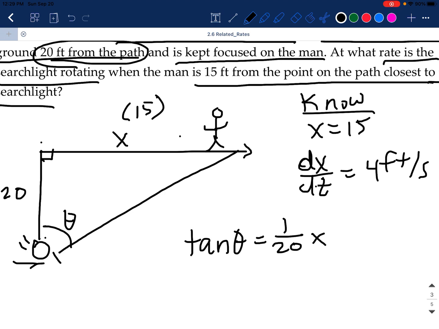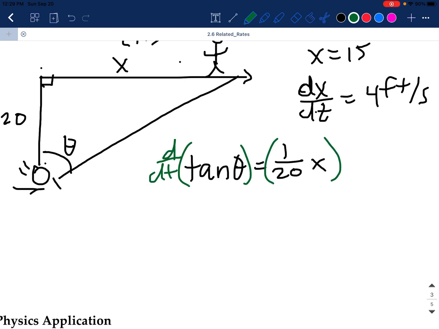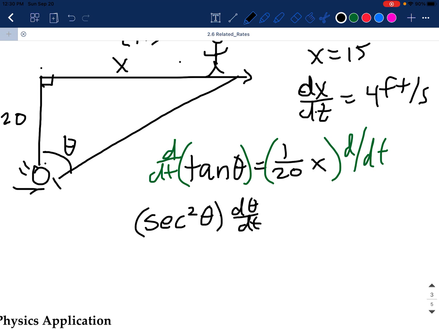It's just a linear term times a coefficient of 1 over 20. So we've got our equation. Let's differentiate it with respect to time. We get the derivative of tangent, secant squared theta times dθ/dt, and then 1 over 20 times dx/dt.